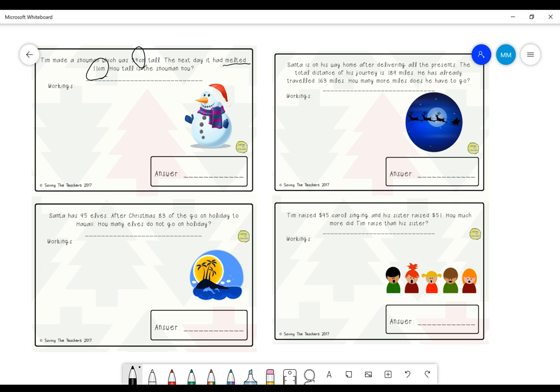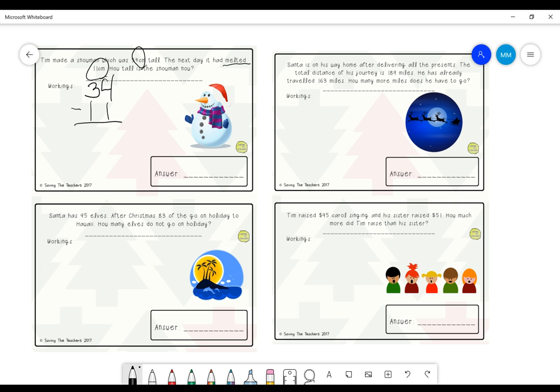So, if we are subtracting, what is our whole? What is the number we are starting with? We are starting with 34 for the 34 centimeters. And how many centimeters of the snowman melted? 11. Do you see, my little second grade Smarties, why it's important to circle those important numbers and underline those keywords? It helps us when we go to solve the problem.